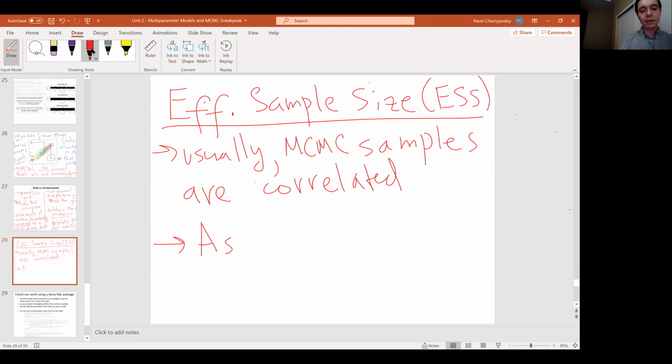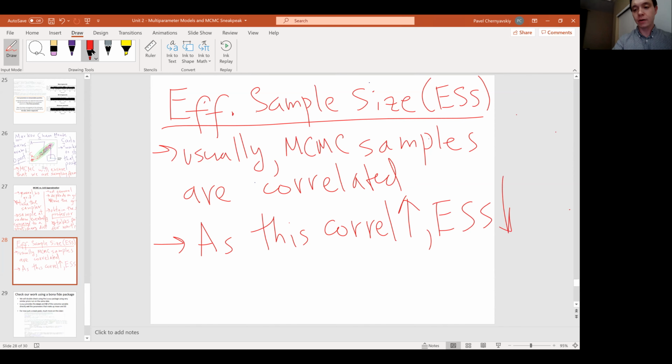As this correlation increases, the effective sample size, that is the number of independent pieces of information from the posterior, starts to go down to 1.